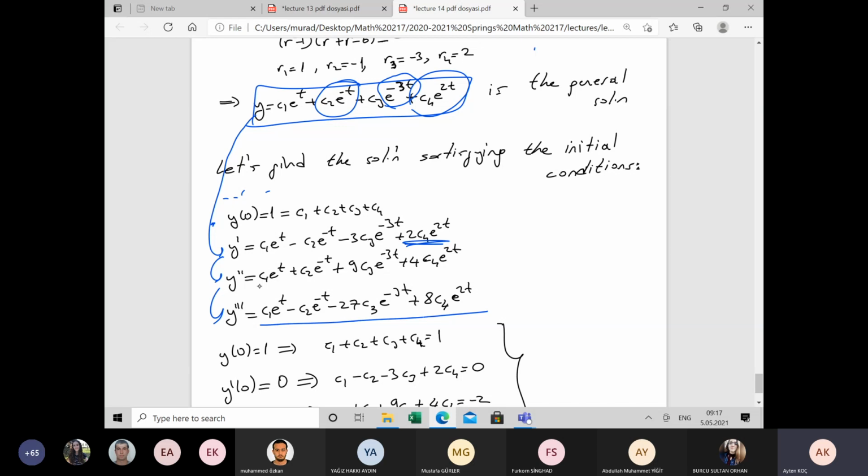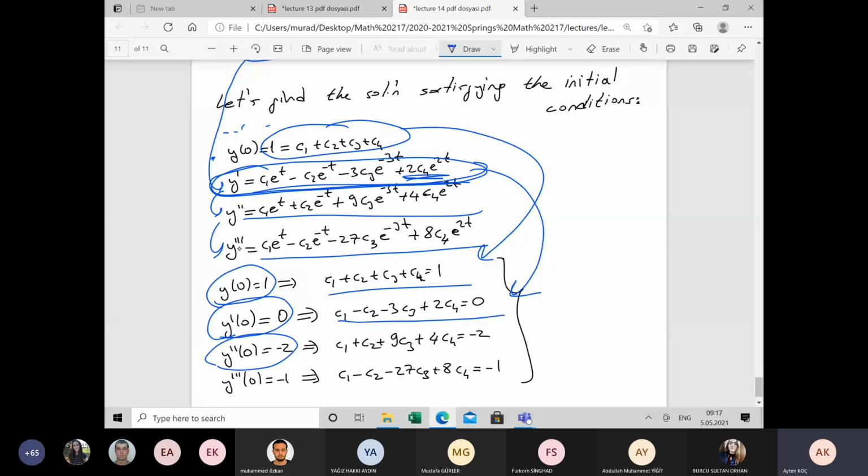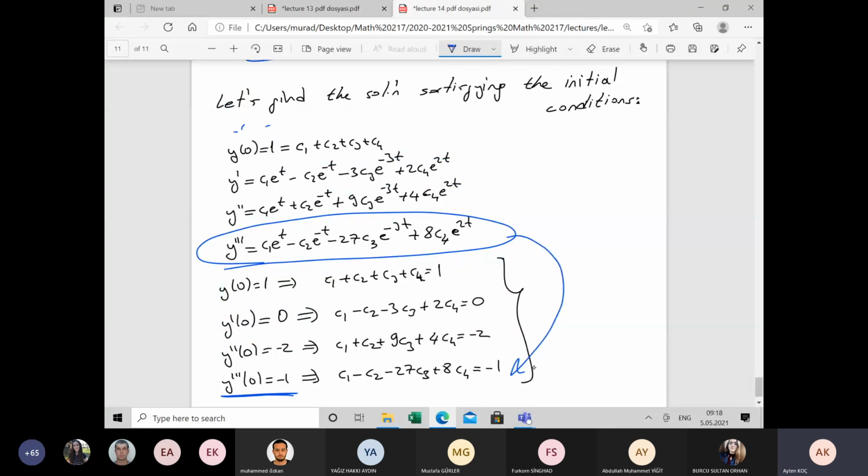For the next condition, take the second derivative and substitute here. Then for the last initial condition, take this equality and substitute t is 0, y is minus 1.